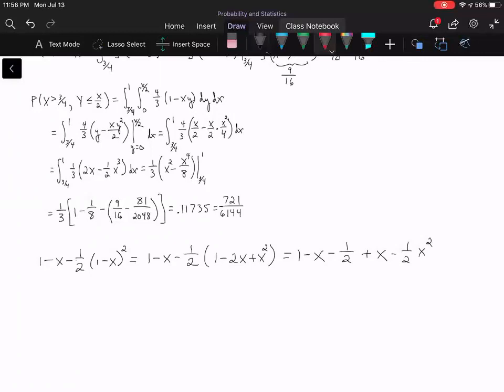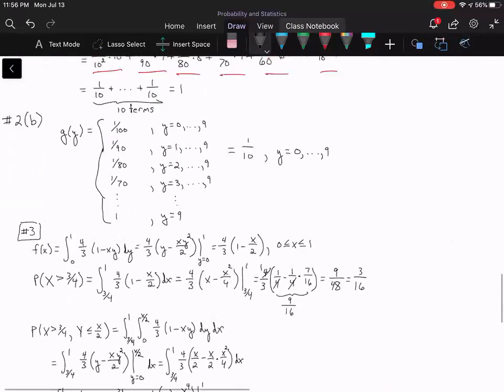So I see that my x terms cancel out, and I've got 1/2 minus x squared over 2. Or 1 minus x squared over 2.